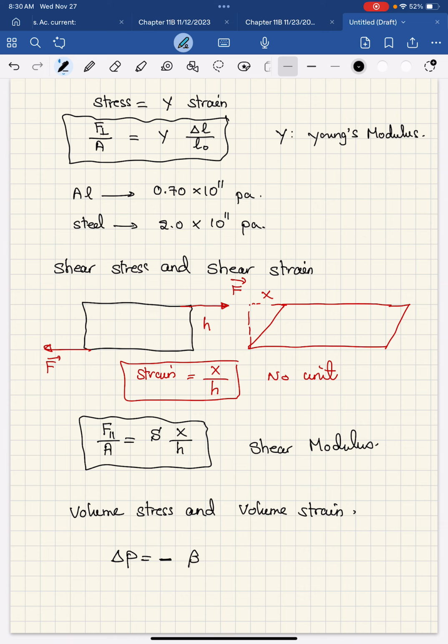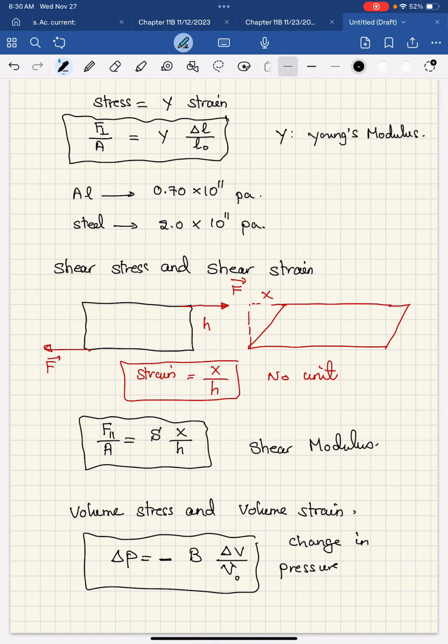The constant here we call the bulk modulus. And it is the change in the volume divided by the original volume. This is the change in pressure, which opposes the change in volume. This is why we have the negative here.